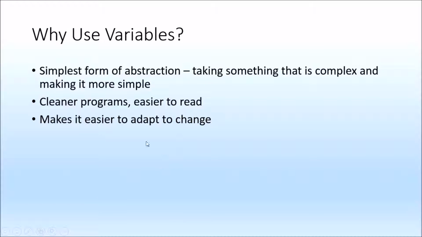The last bullet I have here is that it makes it easier to adapt to change. We haven't really talked about how this works, but I'll show you in other examples later. One thing you're always going to do as a programmer is write programs that are adaptive to change. What does that mean? Think about Google and how many requests they get for features or products.